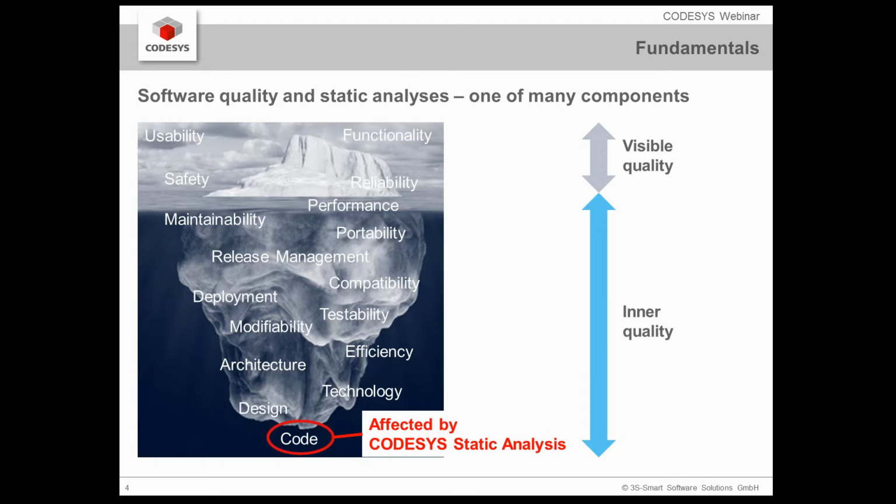And the second one is the inner quality of the software, where you have much more items which influence the software quality. As you see, the pure coding is also a part of the software quality aspect, and the coding quality is affected by the CODESYS Static Analysis tool. So you can improve the coding quality by using CODESYS Static Analysis.